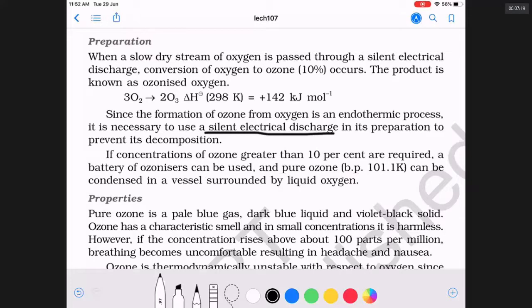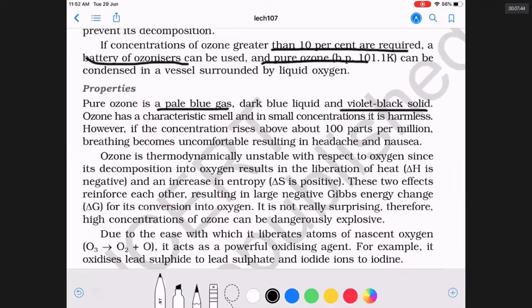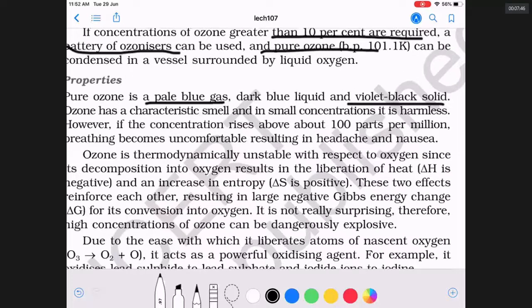If you want more than 10% concentration of ozone, you use so many ozonizers, a battery of ozonizers. You can also get very pure ozone by cooling. Ozone is a pale blue gas, but in solid state, it has a violet-black color. In air, if the concentration of ozone is more than 100 ppm, it becomes very poisonous to us.